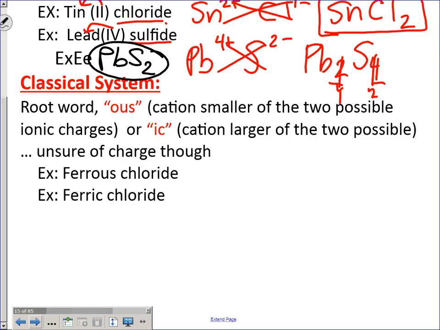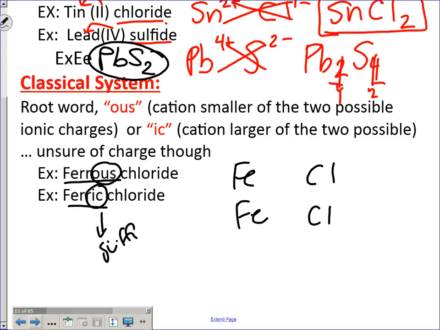So if I say something is ferrous or ferric chloride, I'm referring to the Latin root of iron and chlorine, but it's your job, based on this little ending that's different, to determine which charge it is. So go back to your notes you just wrote down for iron.